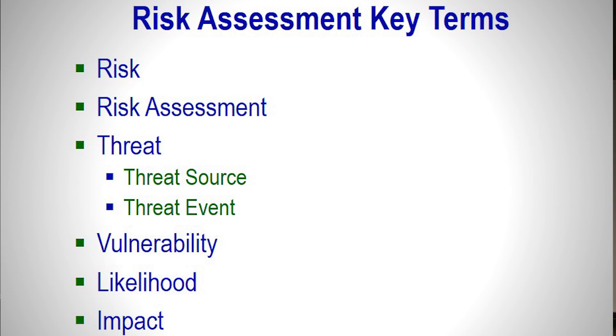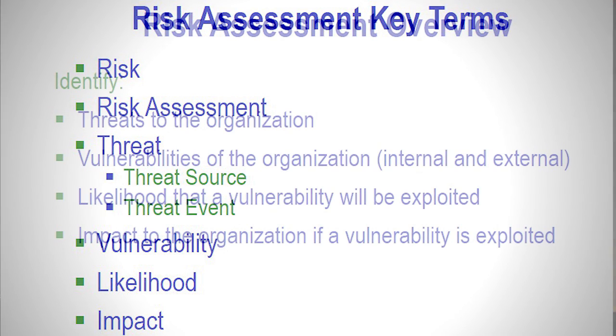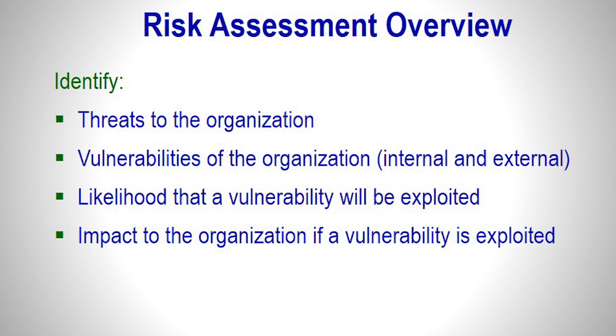And then we have likelihoods and impacts. And so, obviously how likely is it that the vulnerability could be exploited, and what would the impact be if it was? And so an overview, basically this is the risk assessment in a nutshell. We determine our threats, we determine how we're vulnerable, we determine how likely it is, and we determine the impact.